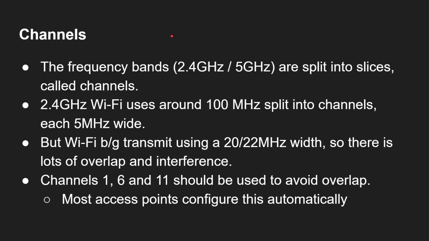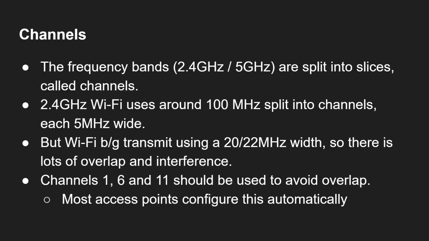Now, the frequency bands, so we're talking about 2.4 gigahertz, 5 gigahertz, are split into little slices, little groups of frequencies next to each other, and they're called channels. Now, 2.4 gigahertz Wi-Fi covers around about 100 megahertz, depends exactly on what country you're in, and those channels are 5 megahertz wide. So you go, great, 5 megahertz wide, that's really good.